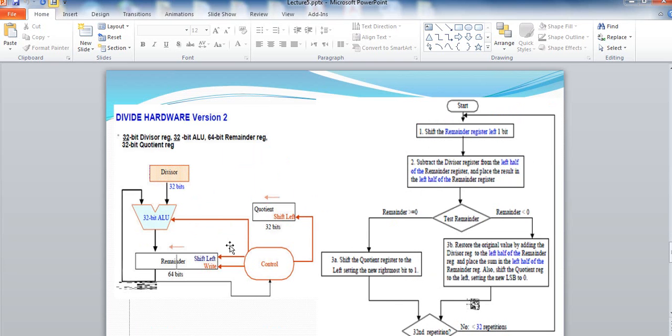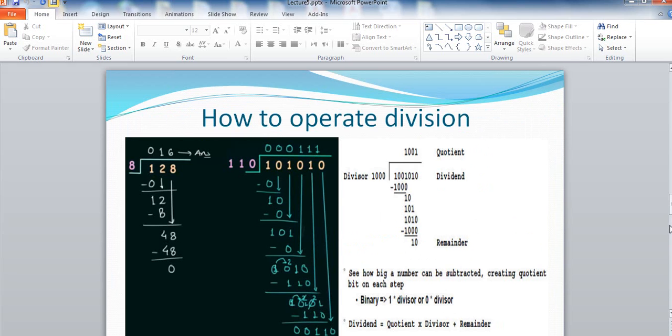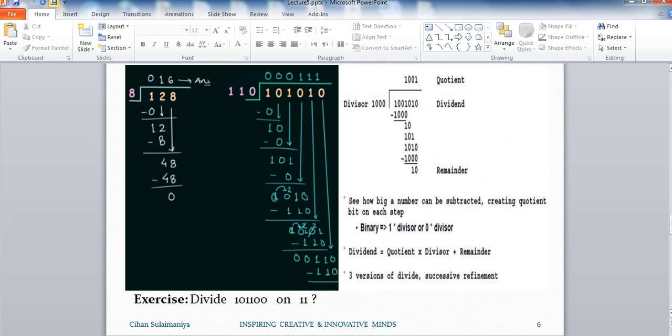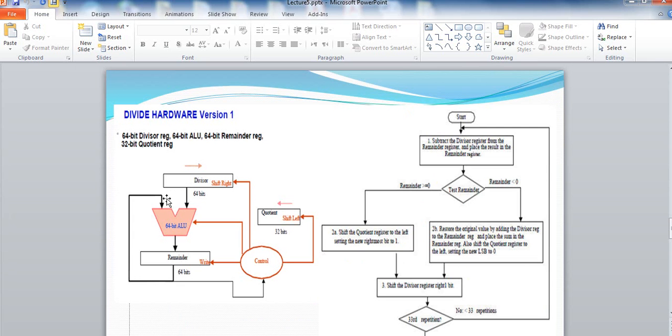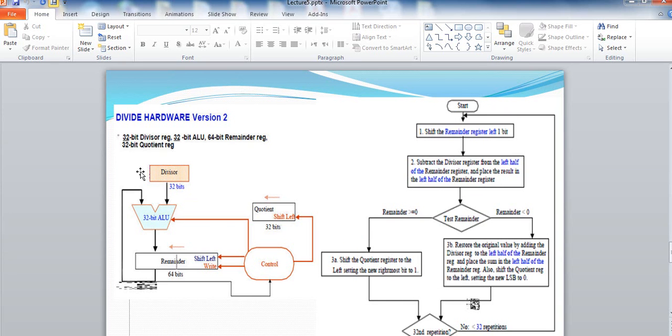You see it is the same design, but the difference is that we change the divisor register to 32 bits, the arithmetic logic unit to 32 bits, and the operation is done inside the remainder.